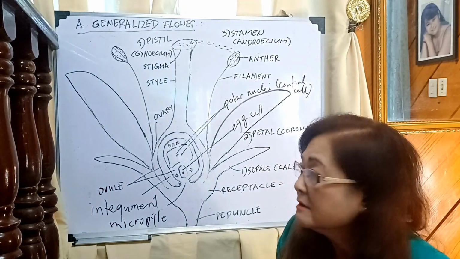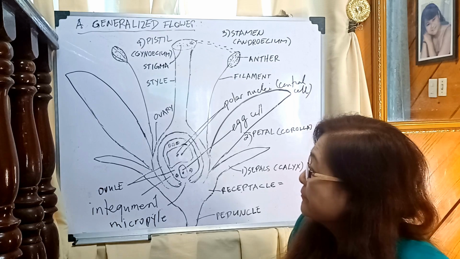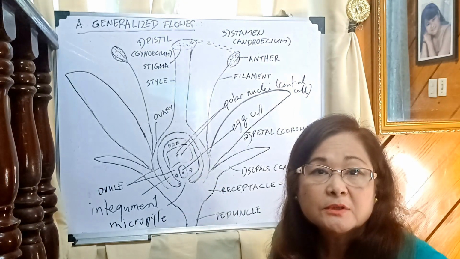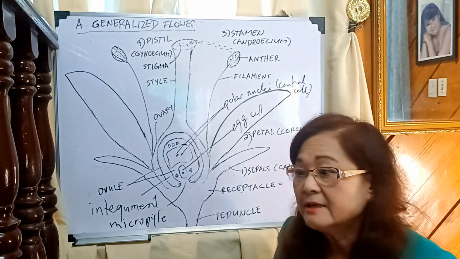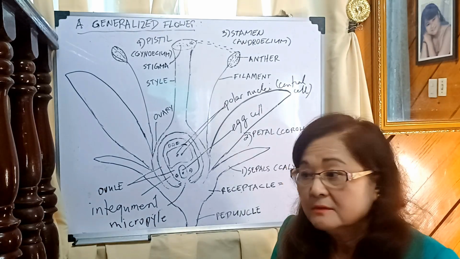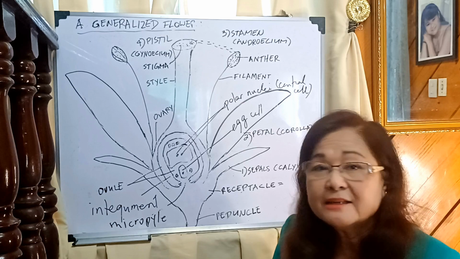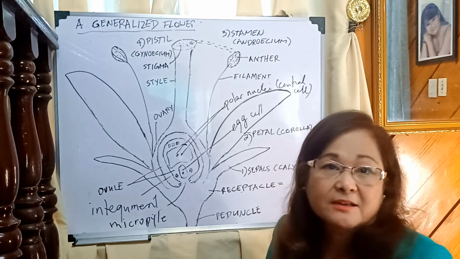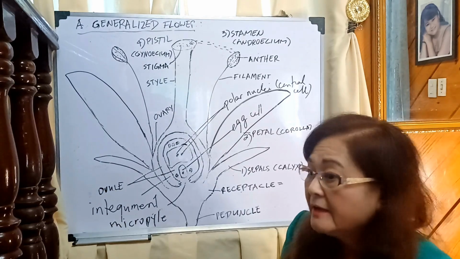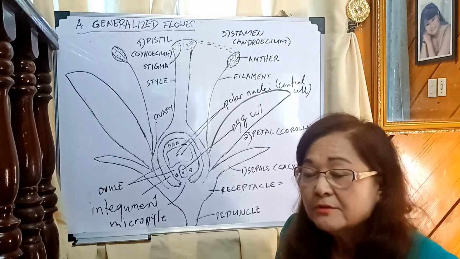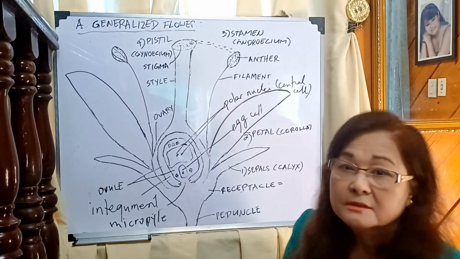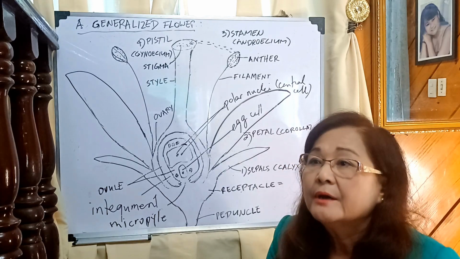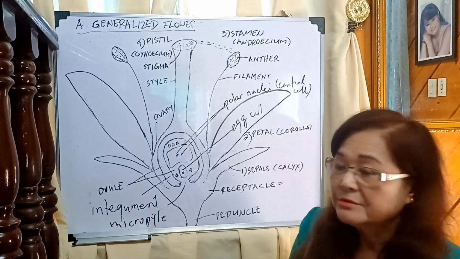For a more detailed study of the structure of the flower, we will dissect an actual flower in the next video. Dissect and then identify the parts of a real flower. And then I will go next time to other videos like the detailed processes of pollination and double fertilization.